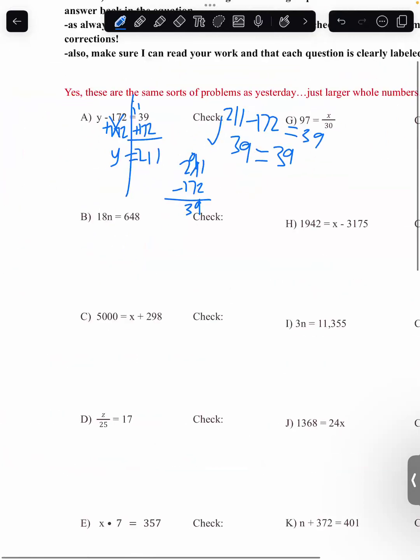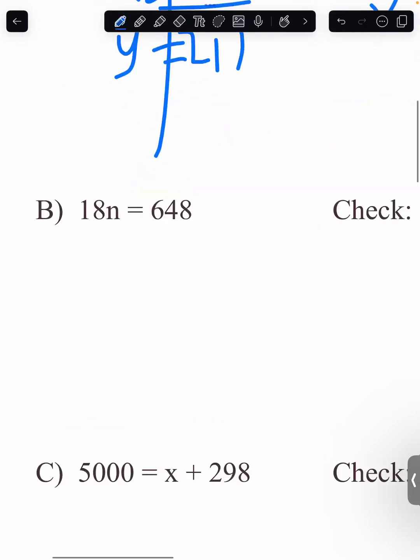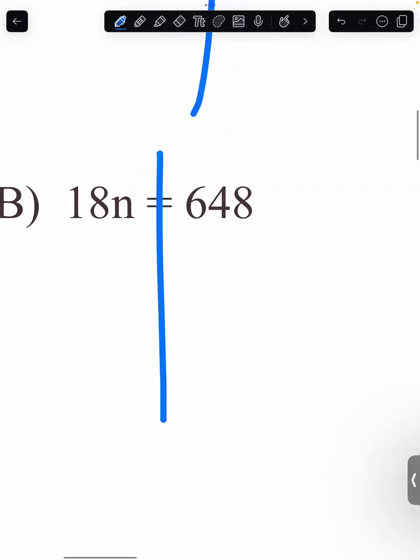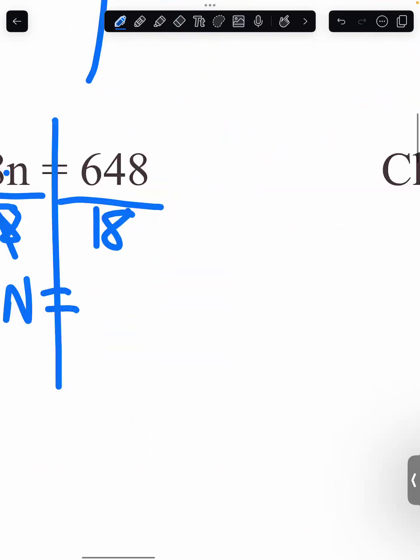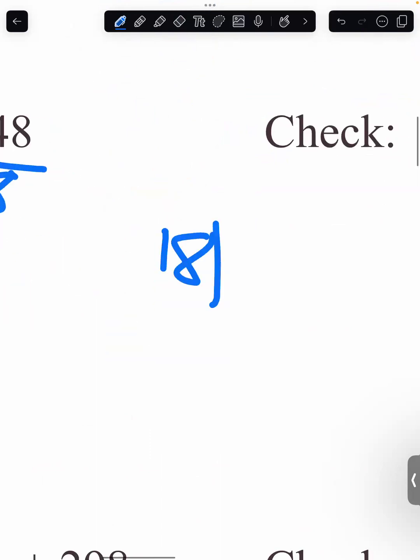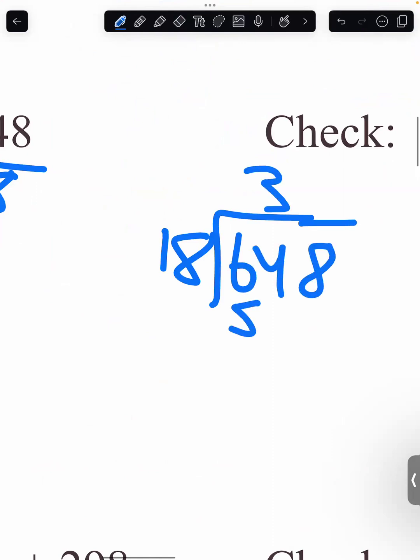Okay, next one. We have 18n, that means 18 times n equals 648. Opposite of times 18 is divide by 18. Do the same on both sides, and n equals. So that means divide 18 into 648. 18 times 3 is 54. You can guess and check that if you need to on the side.